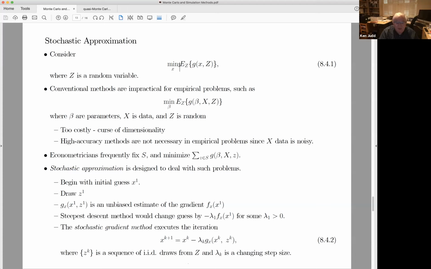So many times in econometrics, let's say computing the posterior mean, what you're going to do is compute the expectation of g of x. How are you going to do this?